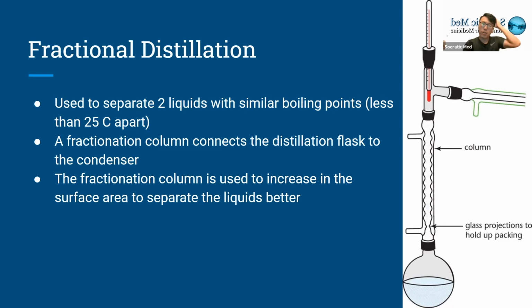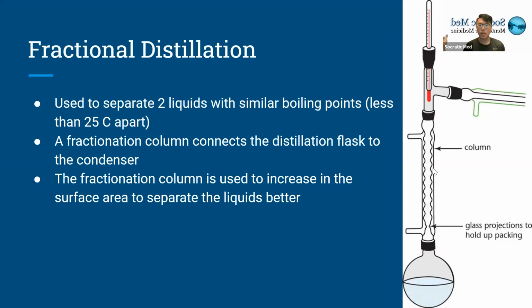So fractional distillation involves a fractionation column. So it's this long column in the middle with the little ridges in the center. The fractionation column connects the distillation flask to the condenser. So it's basically simple distillation, but just with this extra column attached.